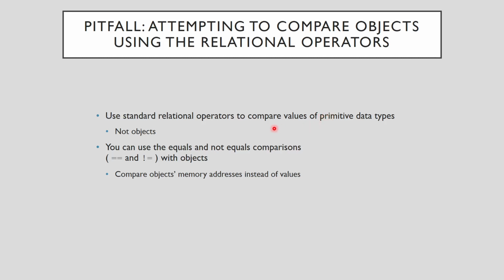And you can also use the equality operator, the equal to, and the not equal to. And also, you can use the reference types as part of the Boolean expression.